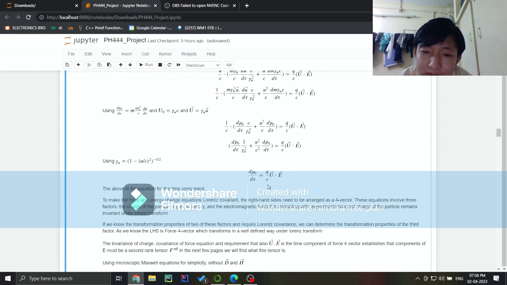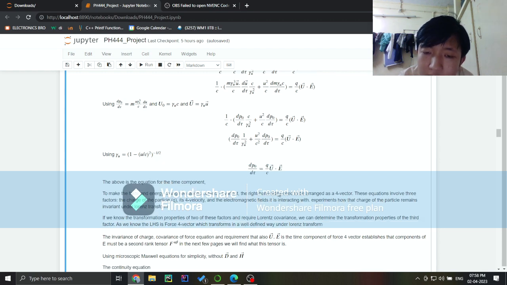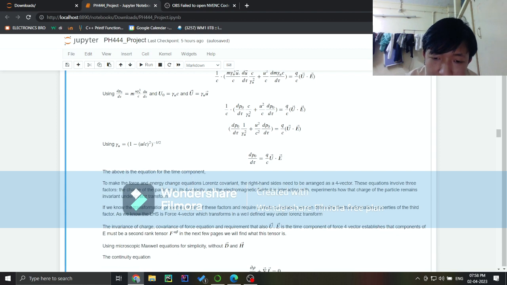So we know that the left hand side is the four-force vector, and that q is invariant under Lorentz transformation, which is proved experimentally.